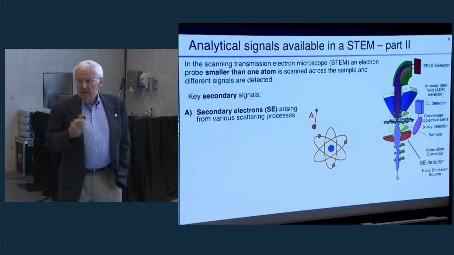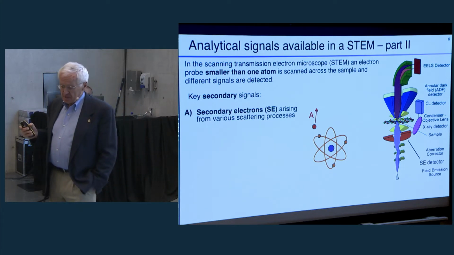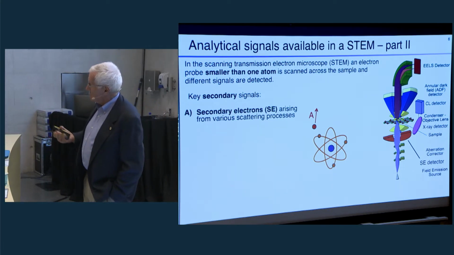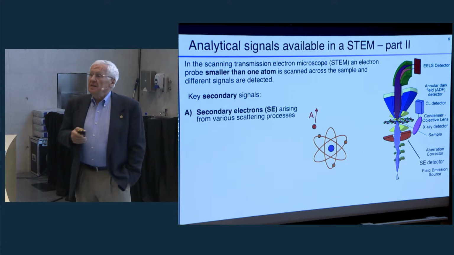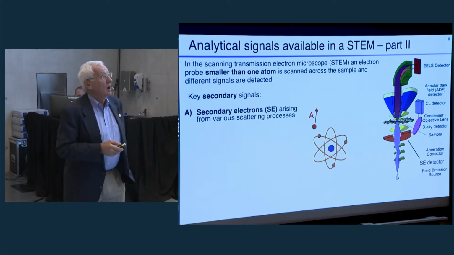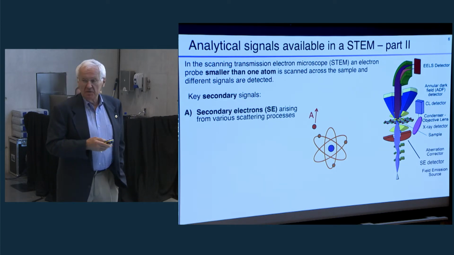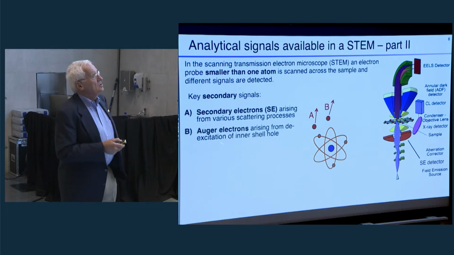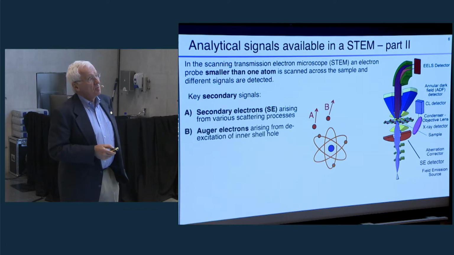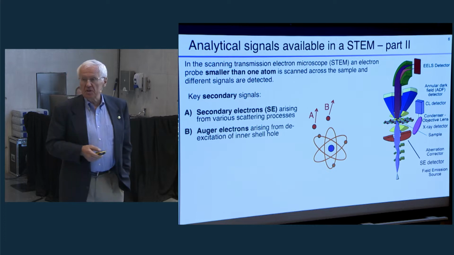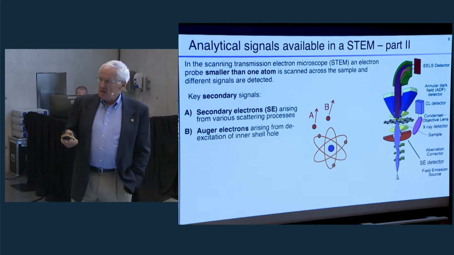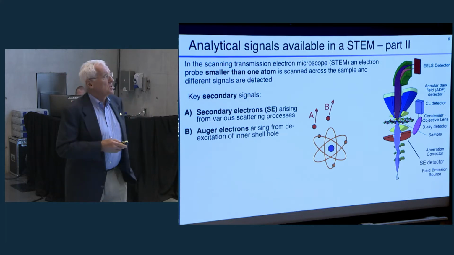And we have the inelastic scattering processes deposit energy into the sample, and that energy can come out later. One way is secondary electrons. That was an excitation down here, and an electron popped out. You can have Auger electrons that come from de-excitation of an inner shell around the atom, and then an outer shell electron pops out.